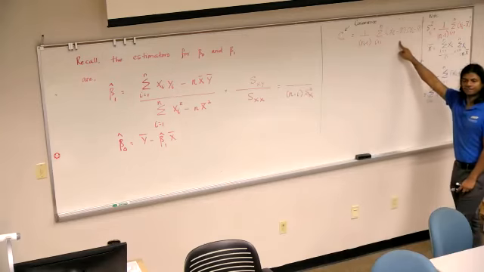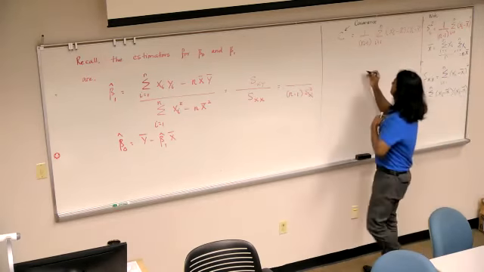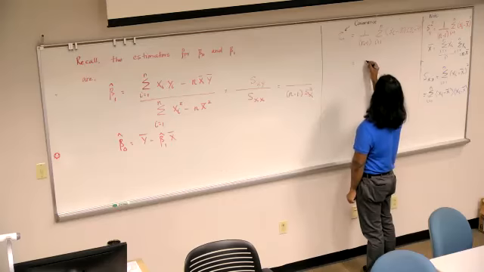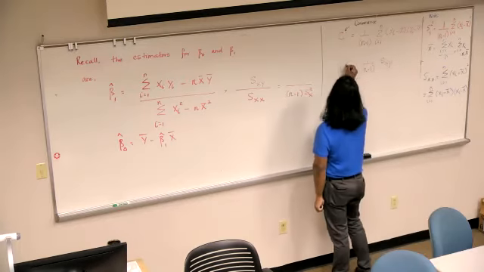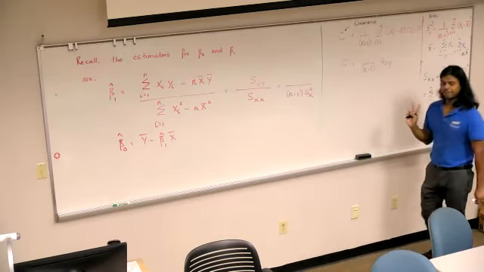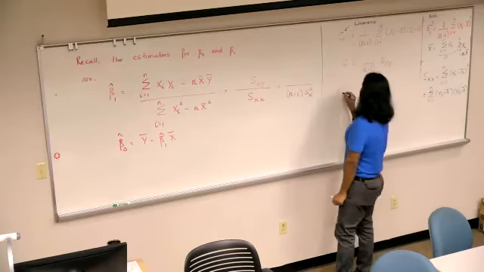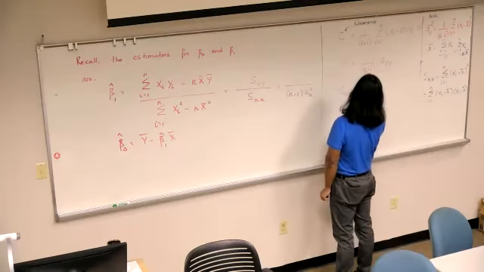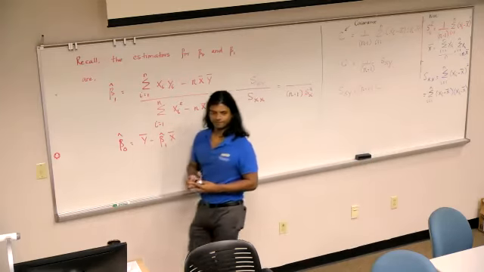So Sxy would be n minus 1 times C, the covariance.